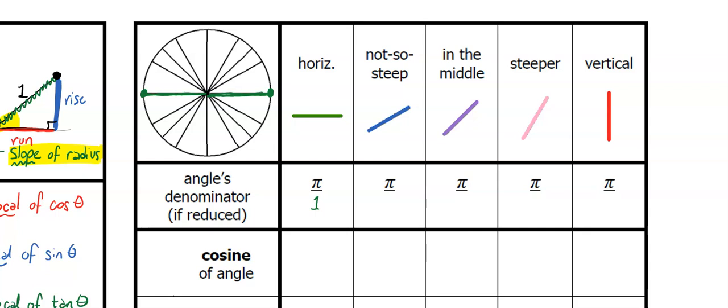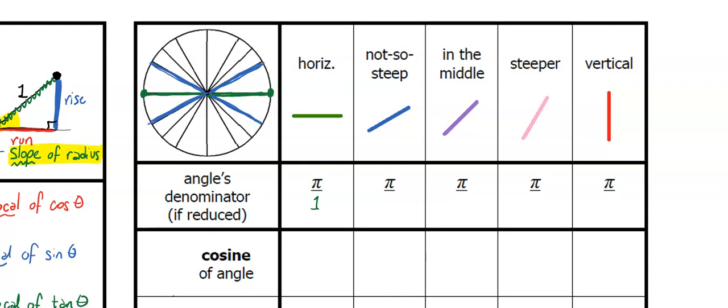So you'll see that I have these organized by steepness. So for me, when I think of not so steep, this is the radius I'm imagining in quadrant 1. If I'm in quadrant 2, this is my not so steep guy. Quadrant 3, quadrant 4.